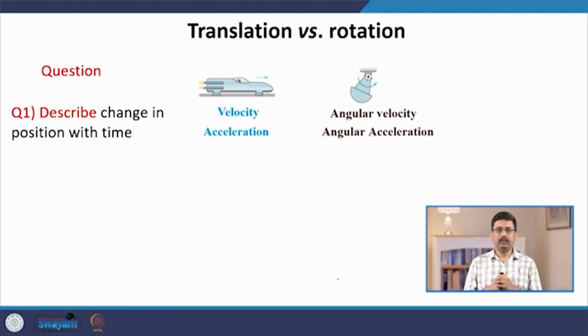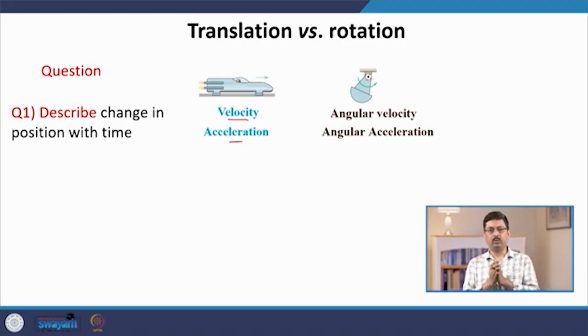The first question is how do we describe the change of position with time, and for that, in the case of translation, we use the displacement. We can monitor the displacement of an object, and then the rate of change of displacement, which is the velocity, and the rate of change of velocity, which is the acceleration.